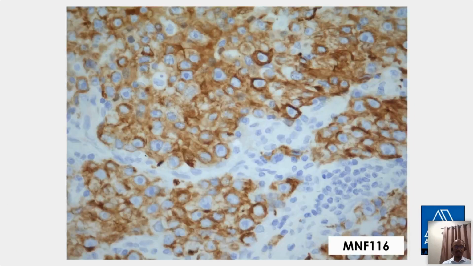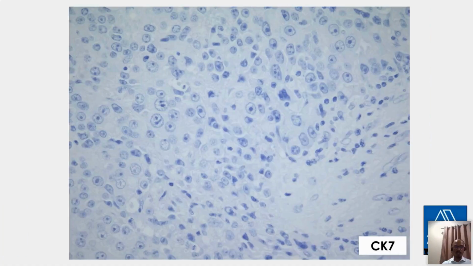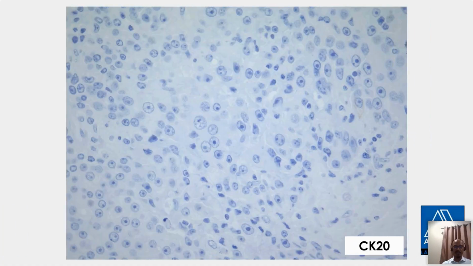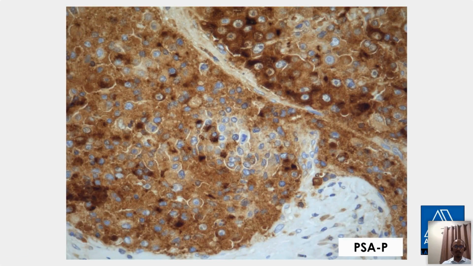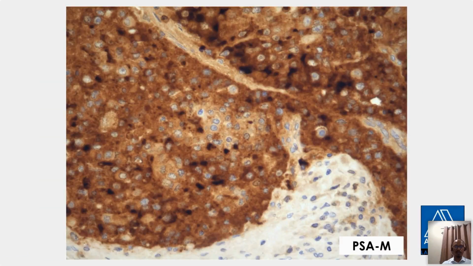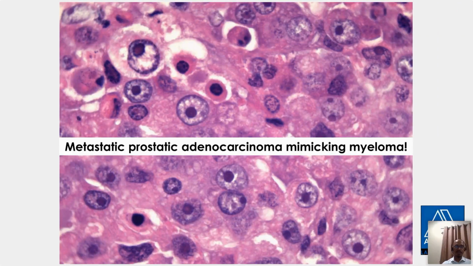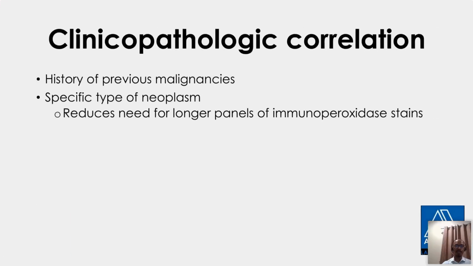S100 was negative, therefore it's not melanoma. MNF116 was positive, CK7 negative, CK20 negative, and polyclonal as well as monoclonal PSA were positive. So this is a metastatic prostatic carcinoma mimicking myeloma.